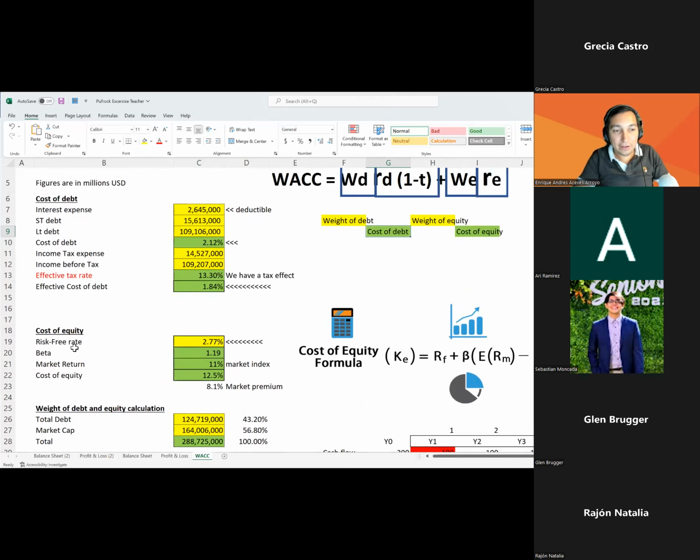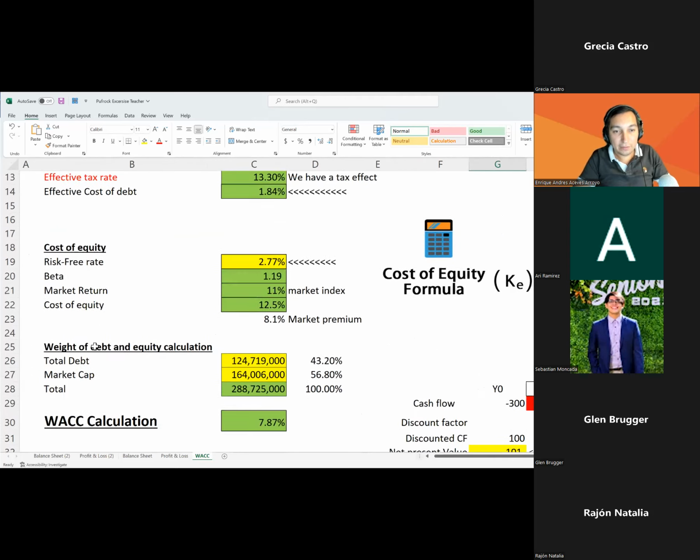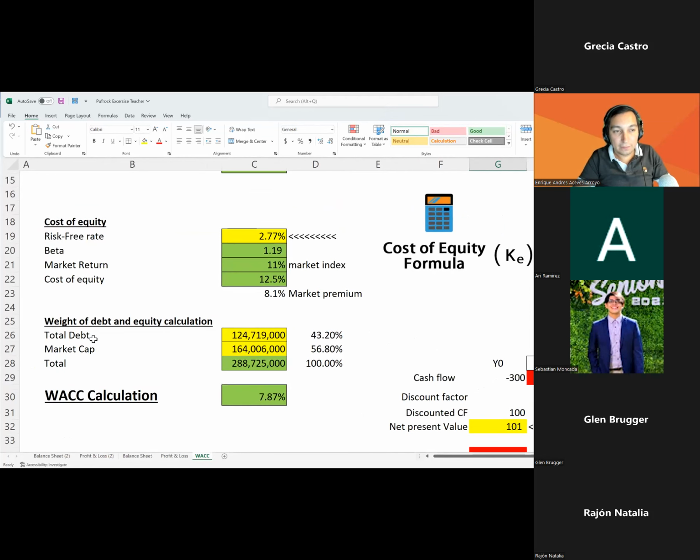How do you get the cost of equity? Who can tell me? How do we get the risk-free rate?